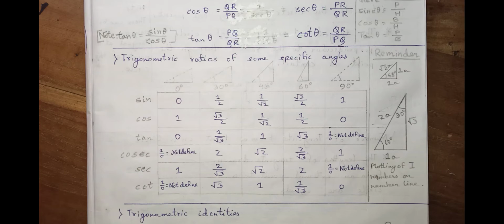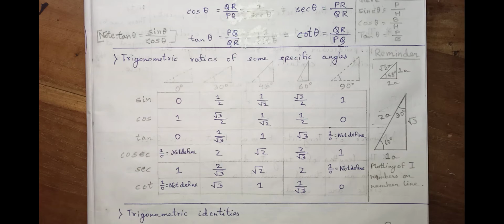Going ahead, sine 30 degree. Here your earlier knowledge will work. You remember how to plot root 3 on the number line. While plotting, we used to draw a triangle there. That triangle will help us here. See the figure on the right hand side.